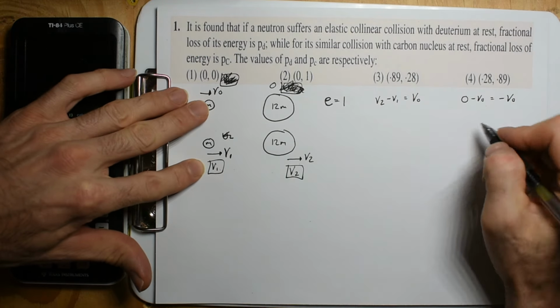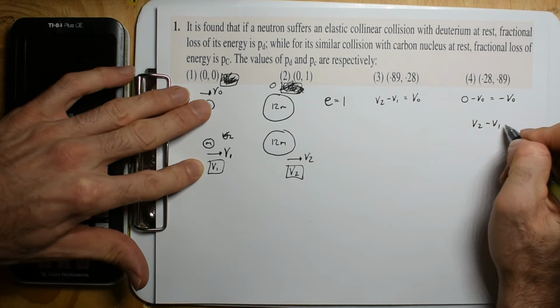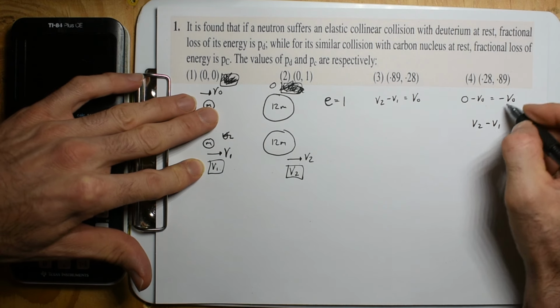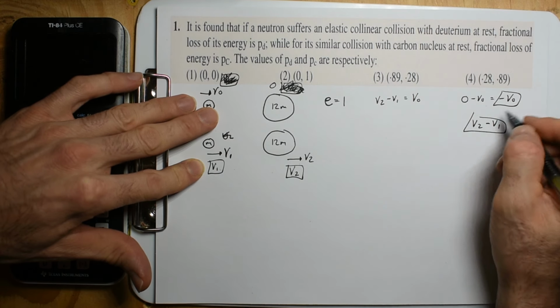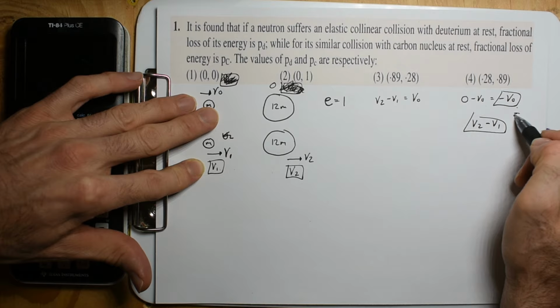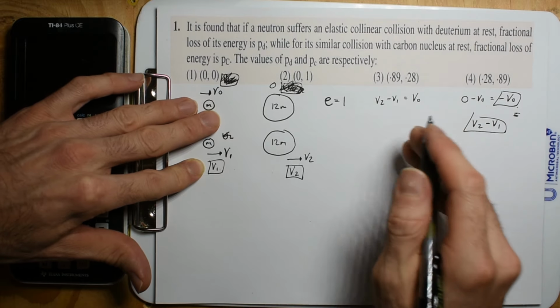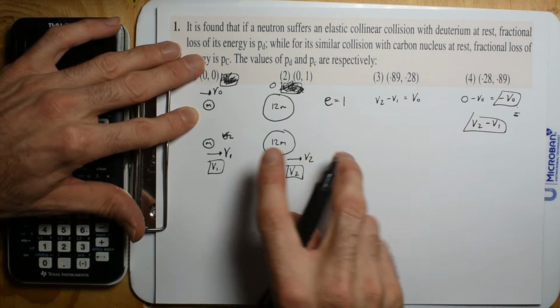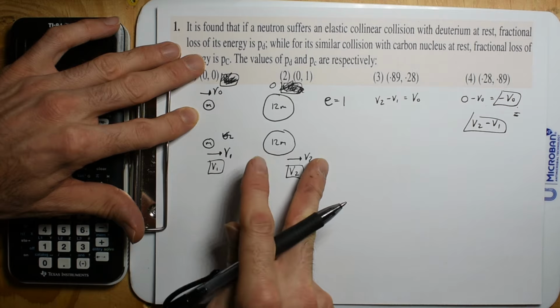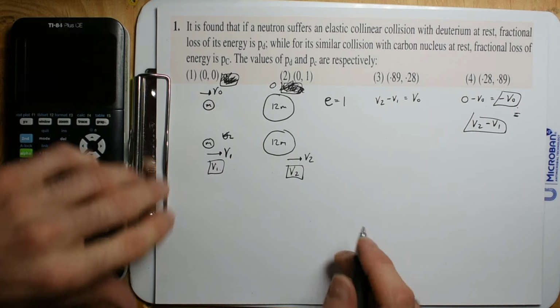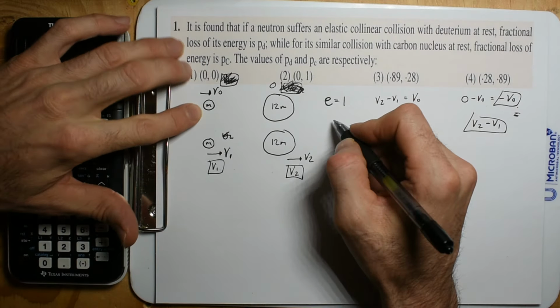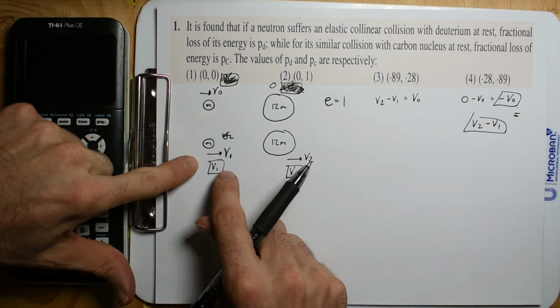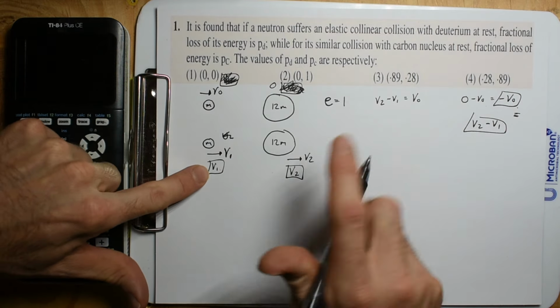And the difference here would be v2 minus v1. And so we should have these equal to each other, but no, we don't, because the equation is like the reciprocal. Let's write the equation.